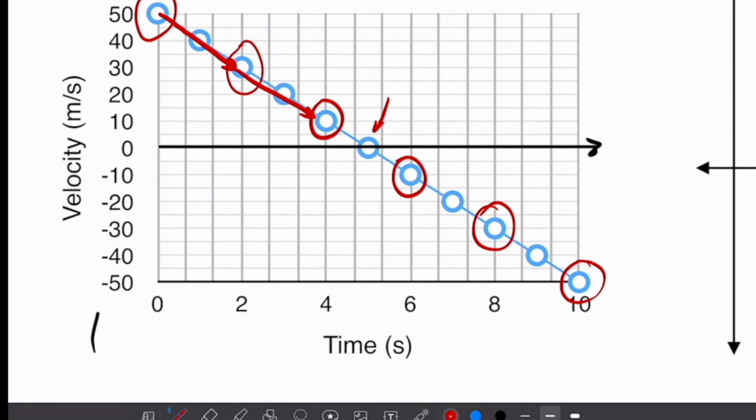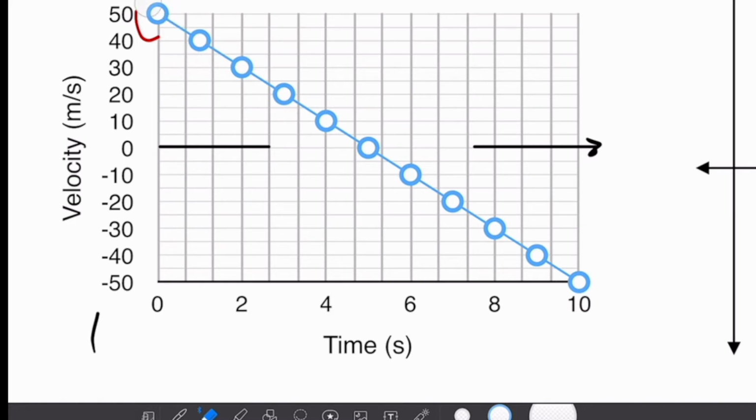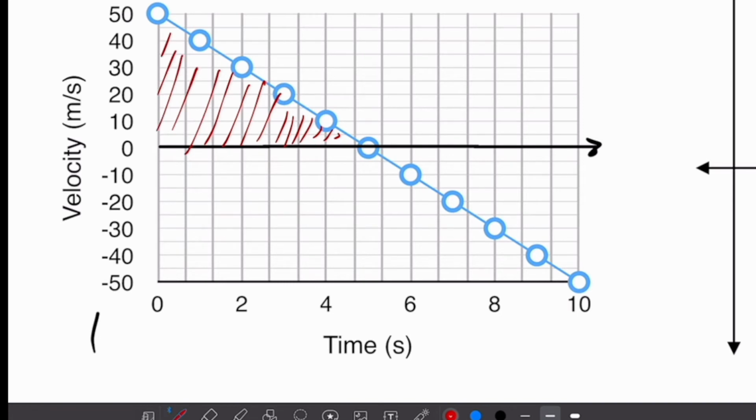But moreover, it seems to me that there's an area here. I hope you see it. I see an area here. Remember, area is defined as the curve bound by the 0 axis. We don't go all down here.